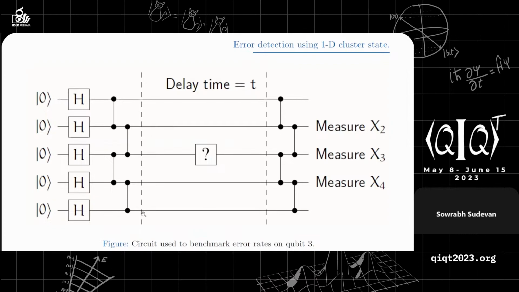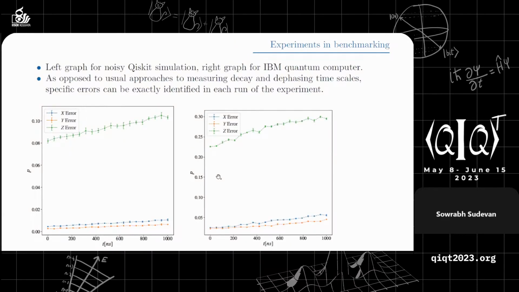Then you wait for some time, and some error could happen on a qubit, and we could do a series of measurements on that qubit and its neighboring qubits, which would uniquely tell us whether X, Y, Z, or nothing happened to this qubit. And like this, we were able to benchmark. On the left side, we have a noisy simulator, and here is the real IBM computer.